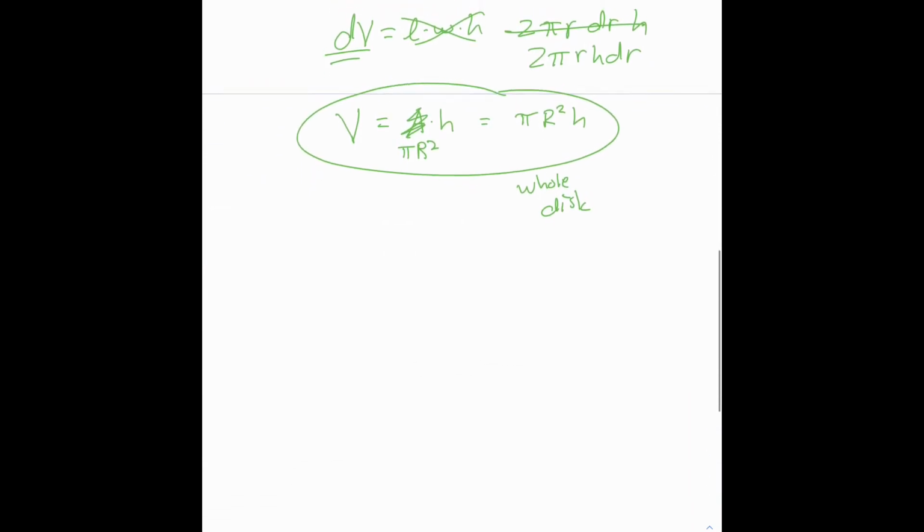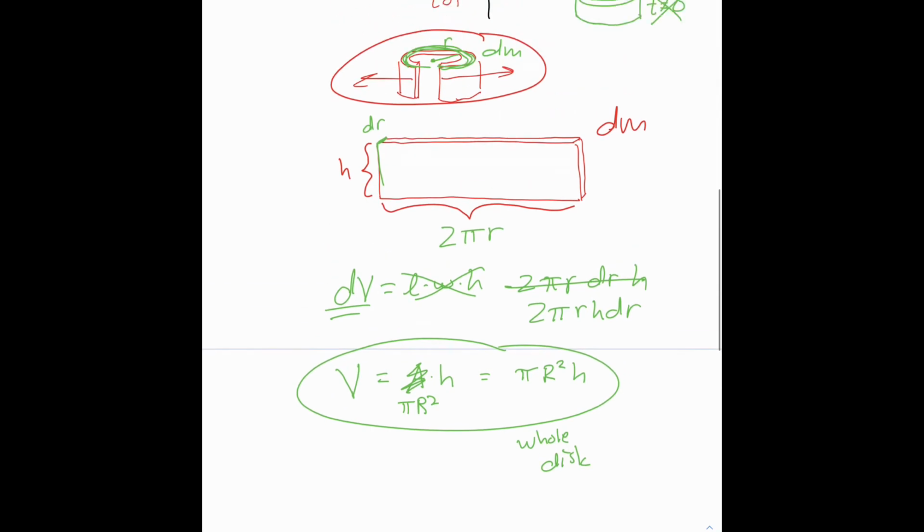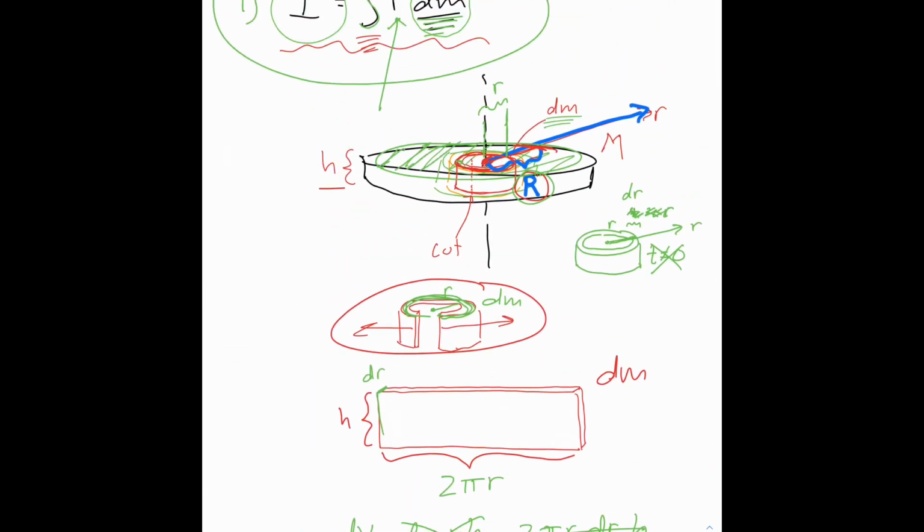Now, where are we going with all this? Well, we have a step 1 for a derivation, but somehow we're going to have to make a substitution for dm so that we can get this integral into a calculus of a single variable, and we want that single variable to be r. So we're going to recognize that the entire disk is made of just one continuous type of mass. In other words, it's not as if the density out toward the perimeter is any more or less than the density of the material near the interior.